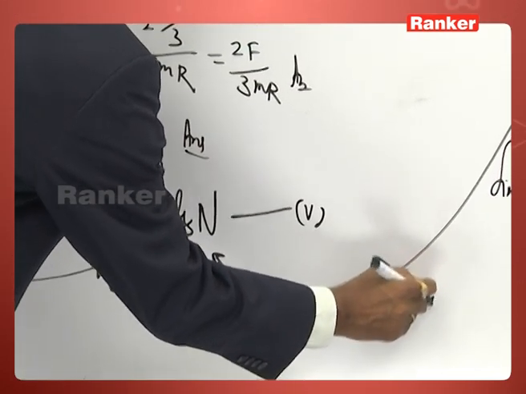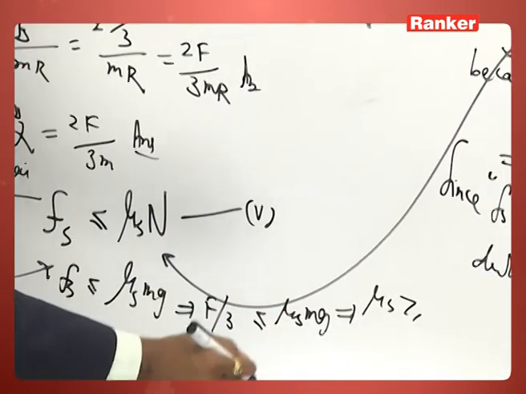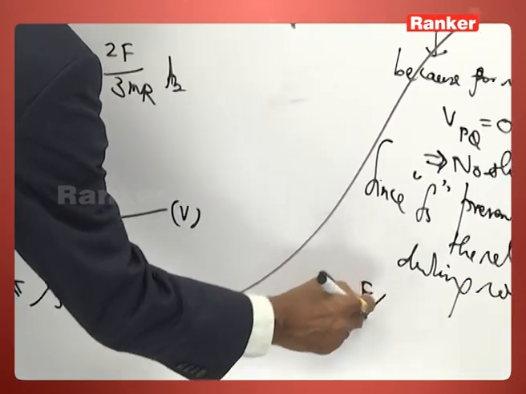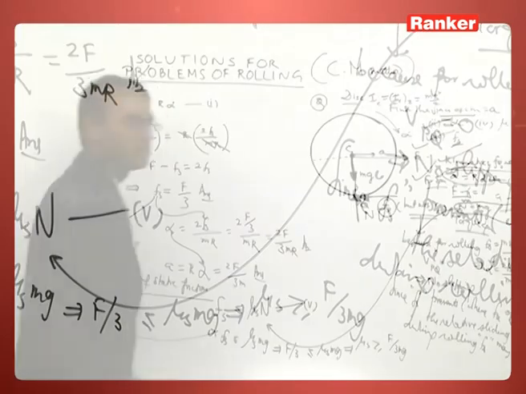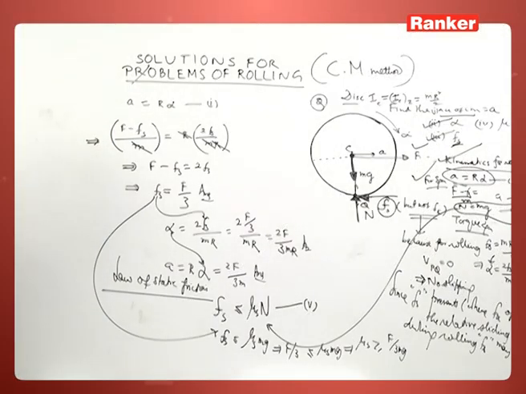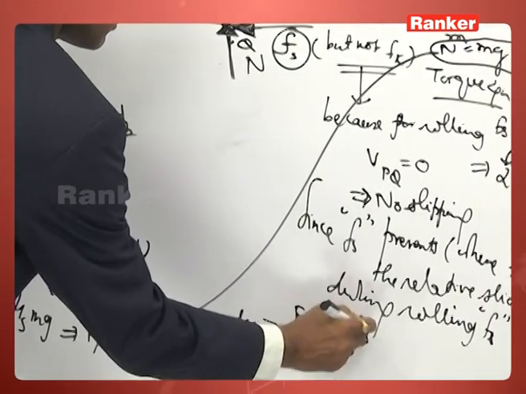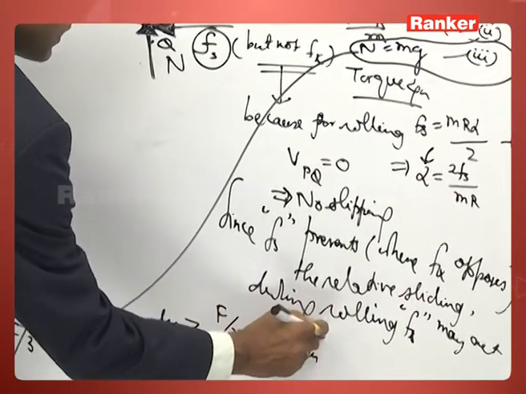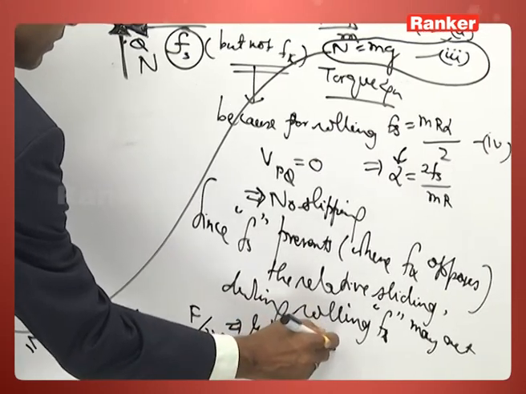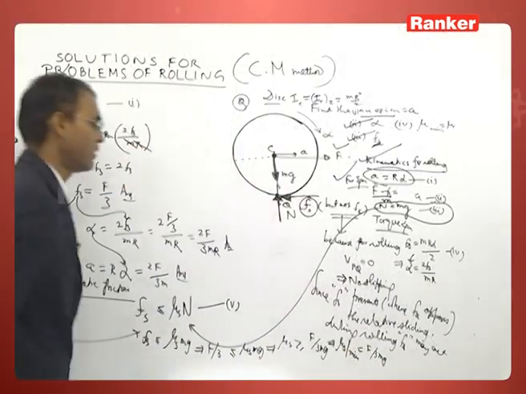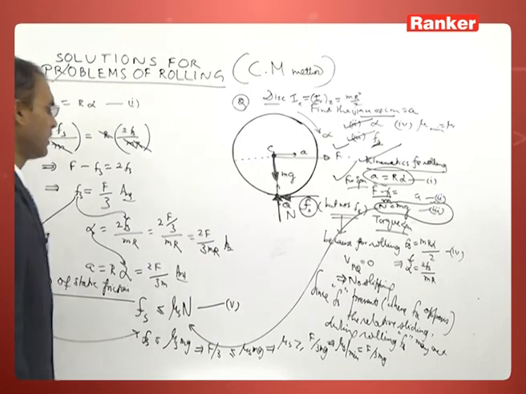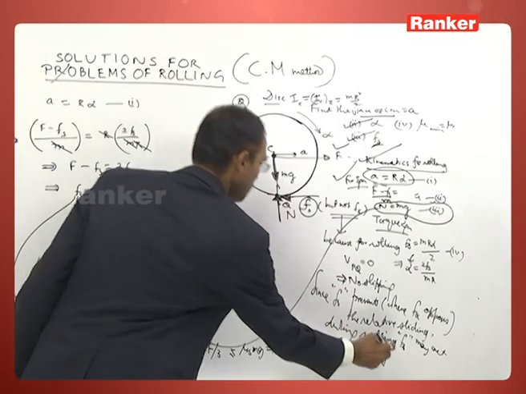This gives us mu s is greater than or equal to F by 3mg. So, the minimum value of mu s required for pure rolling is equal to F upon 3mg.